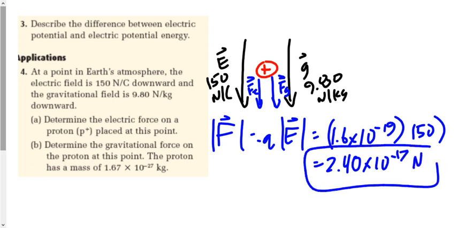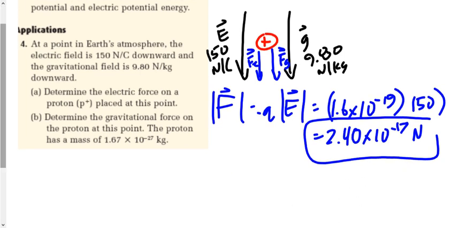And of course, we established already that it's a downward force. It asks us not to determine the magnitude. It asks us to determine the force. So we do need the direction, which includes the fact that it's downward. Okay, the gravitational force on the proton at this point. To find the gravitational force on the proton, we're just going to say F is equal to m times g, right? The mass times the gravitational field.